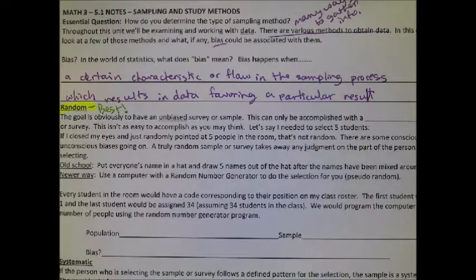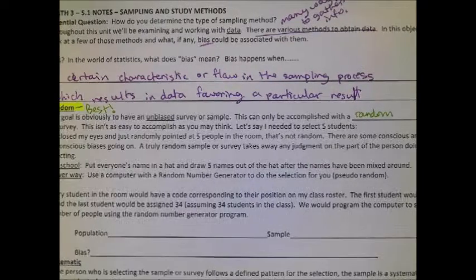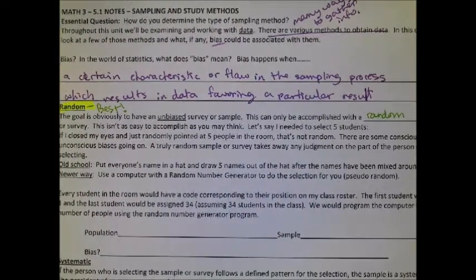Our overall goal when we're trying to collect information is obviously to have an unbiased survey or sample. And this can only be accomplished with a random sample or survey. This isn't easy to accomplish, as you may think.